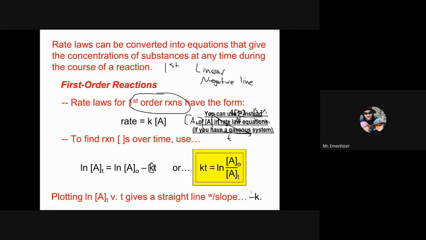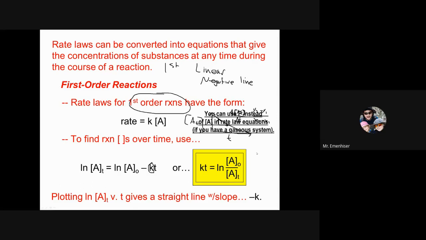The slope will be minus k, because k can't be negative, and so we have to flip the sign. So since this slope is negative, right? So you're going to go back, previous. Yeah, here's my graph. So it's a negative slope, but k can't be negative, so we have to flip the sign of k to make it positive.